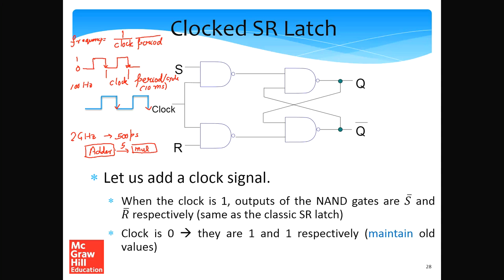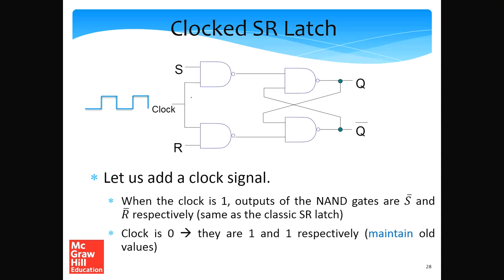So in 5 clock cycles, the data from the adder will be there with the multiplier. Similarly, if this data is going somewhere else and the data from the multiplier is also going to the same place, again the coordination is done in terms of the clock period. So this makes the life of designing a digital circuit very, very simple. Almost all digital circuits will have a clock.